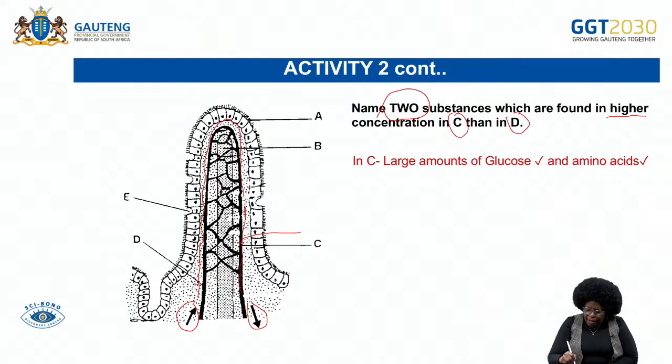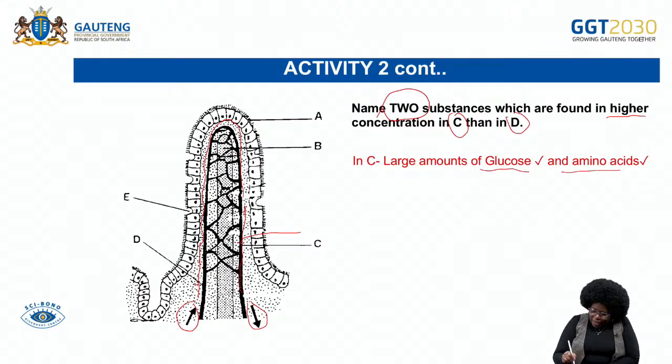So in C, we've got large amounts of glucose and amino acids. They are found as they are getting absorbed.